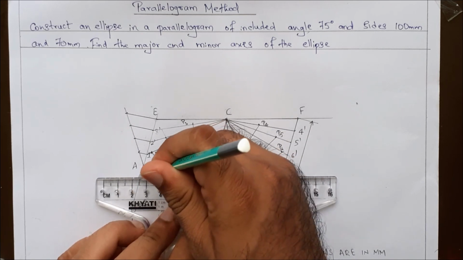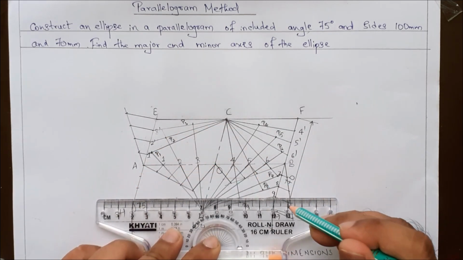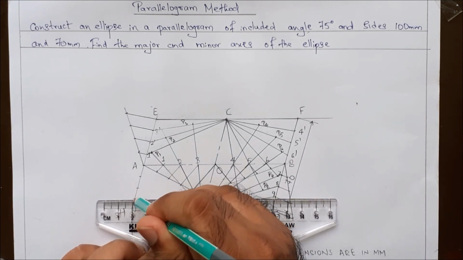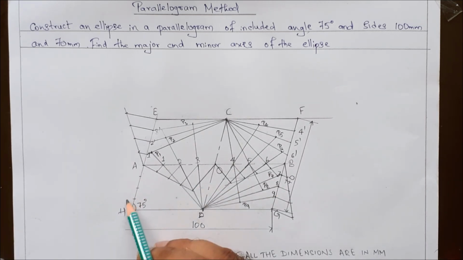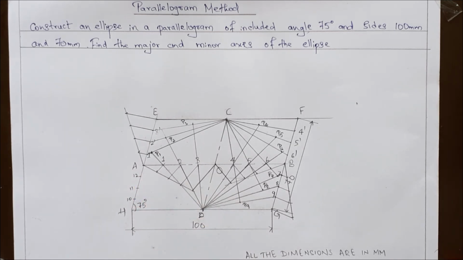Now we can easily obtain the points on the fourth quadrant, that is, take the scale and mark the points here. So let us name these points as 10, 11 and 12. Now we have to repeat the step that we have done here, that is, let us join the point D with these 10, 11, 12 points, and then at point C join these lines passing through the points 1, 2 and 3.